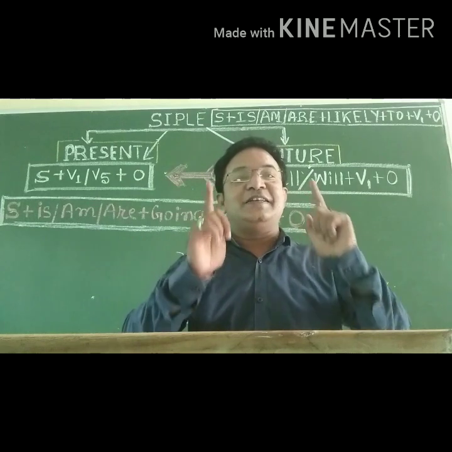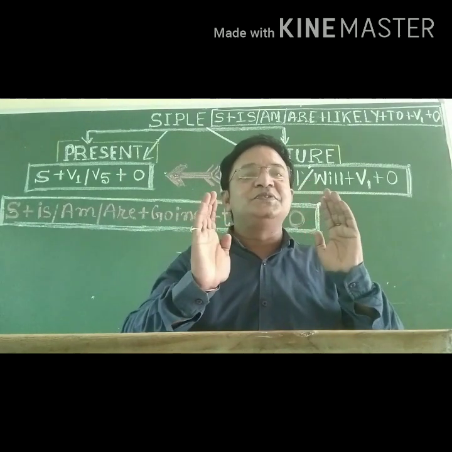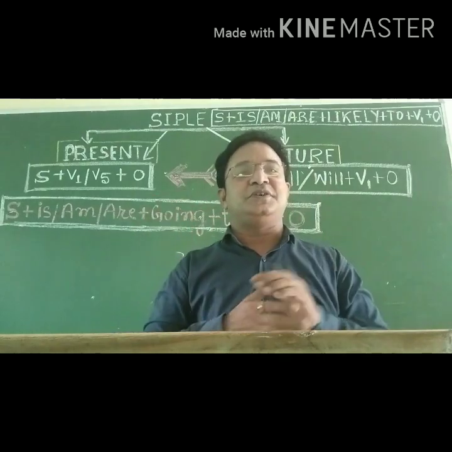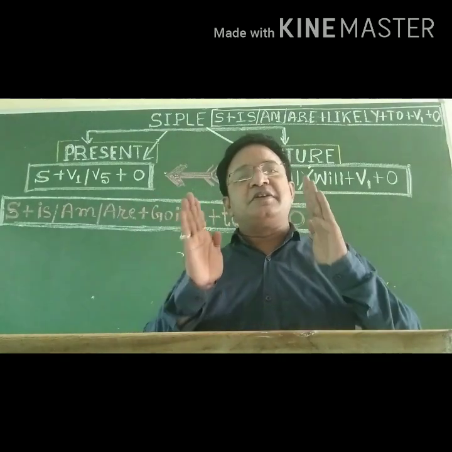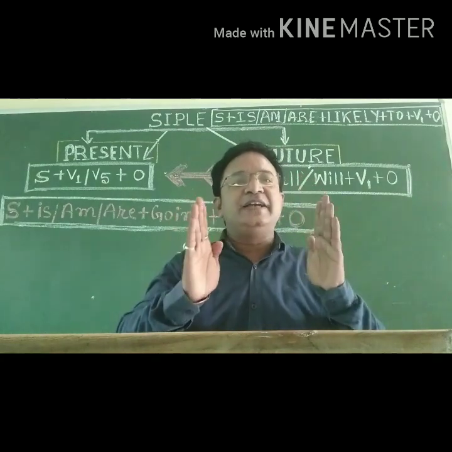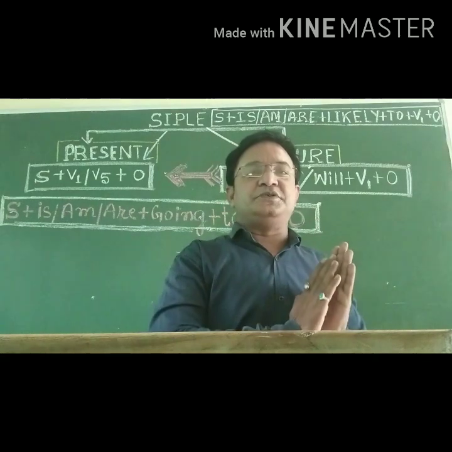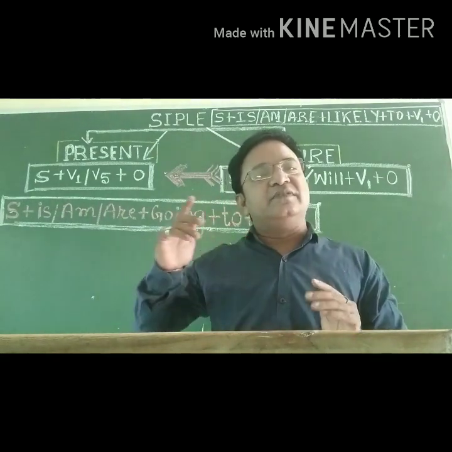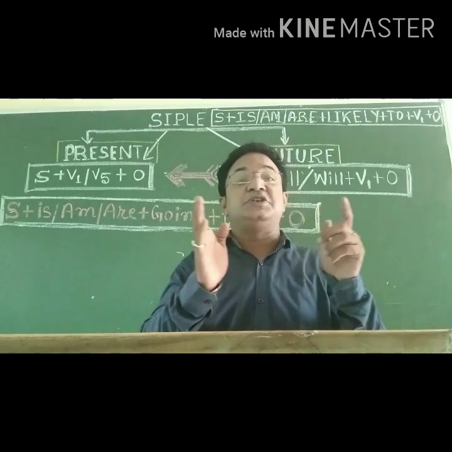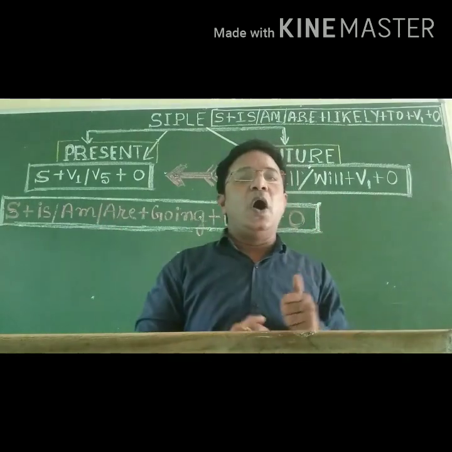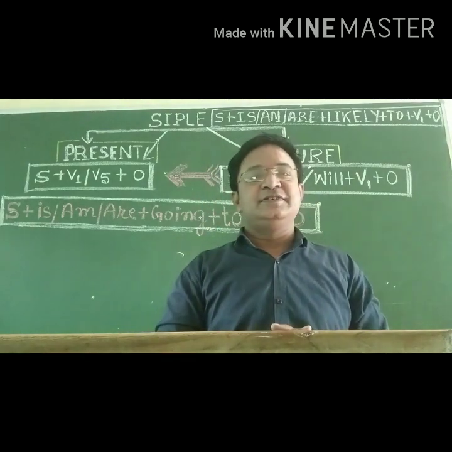It means that nobody knows what is going to be in future. That's why in many modern grammar books you find that the sentences of simple future have been converted by taking the help of present continuous structure or simple present tense.